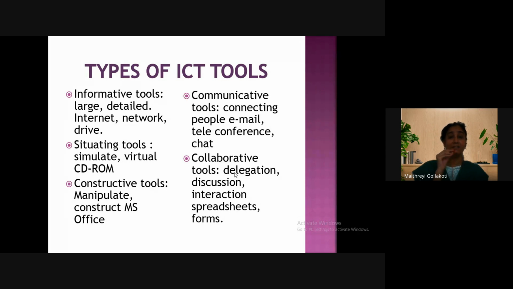And next is situating tools. Situating tools are the tools which give us detailed information of something which we can't see with our eyes. For example, if you are teaching a biology lesson and you want to teach the nervous system of a frog.